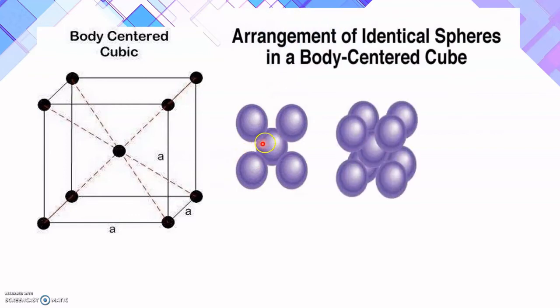In a body-centered unit cell, atoms are present at the corners. We have seen that their total contribution to the unit cell is 1/8 into 8 equals 1. In addition to this, there is an atom at the center of the unit cell. This atom is not shared by any other unit cell, as you can see in these 2 pictures.